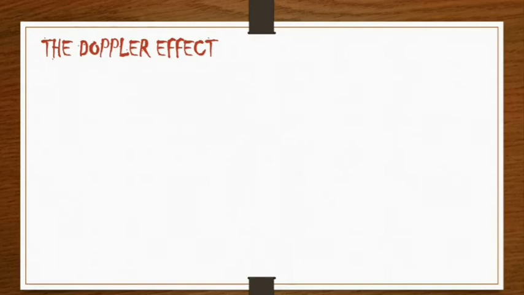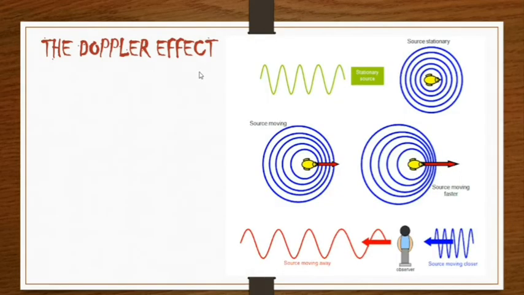The Doppler effect is the change in frequency or wavelength of a wave for an observer moving relative to its source. In this diagram, we have a stationary source here, and if the source is stationary, we can see that the lambda or the wavelength is the same in all places.